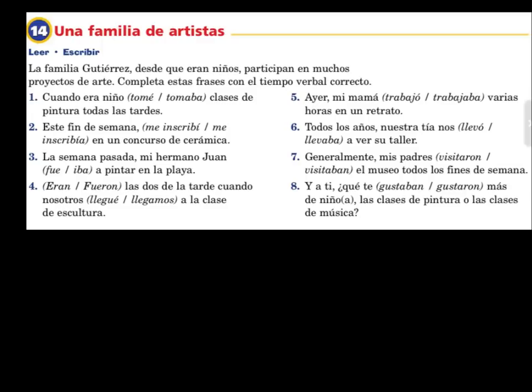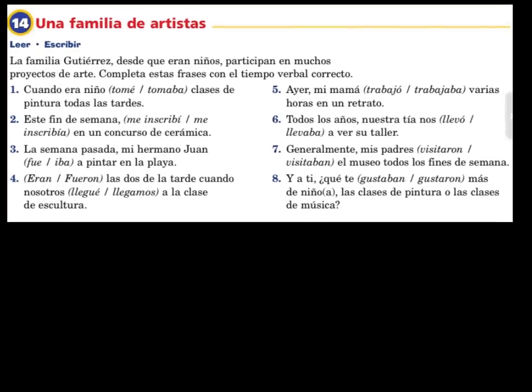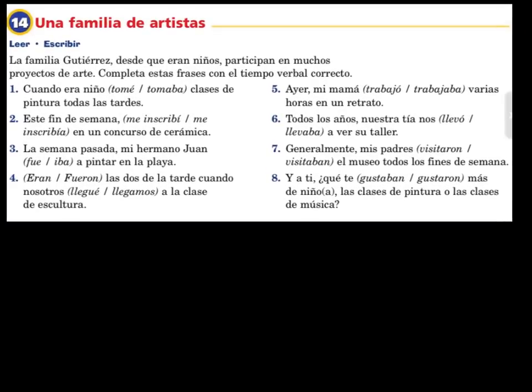So la familia Gutiérrez, desde que eran niños, participan en muchos proyectos de arte. Completa estas frases con el tiempo verbal correcto. So the correct time period. So cuando era niño, clue word for imperfect, blank clases de pintura todas las tardes.